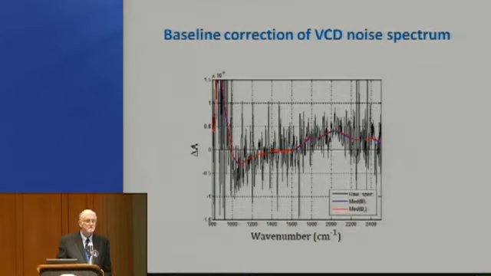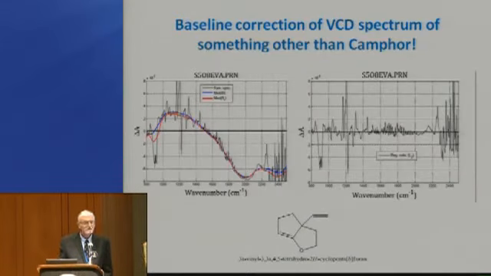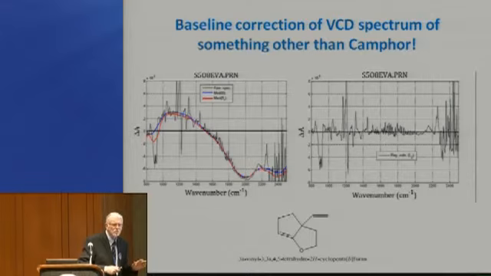This is the VCD noise spectrum, or the noise in the VCD spectrum? If you go to the next slide. This one? Yeah, if you look between 1600 and 1800. Oh, that's certainly water vapor. Yeah, that's water vapor. I agree, absolutely.